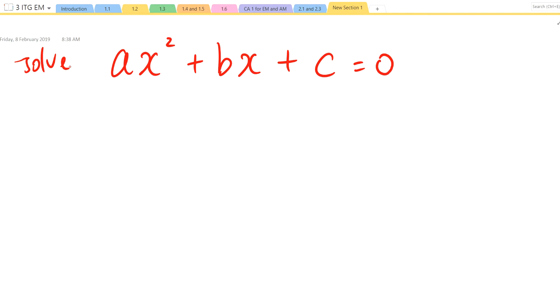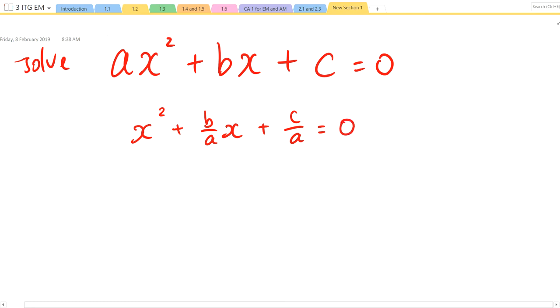How do I change the coefficient of x squared from a to become 1? I can divide by a. Let's divide by a. x squared plus b over a x plus c over a equals 0, since 0 divided by a is 0. Very convenient.